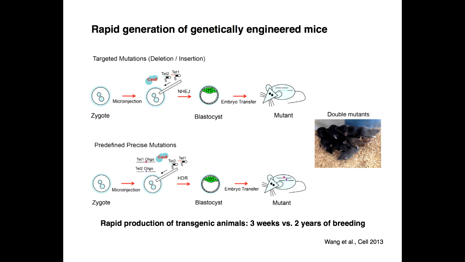Another thing that we did was we collaborated with the Jaenisch lab to see if we could inject these reagents into mouse zygotes to generate animal models. By taking zygotes, fertilized at the 1 cell stage, and microinjecting Cas9 mRNA as well as guide RNAs targeting loci of interest, we were able to generate modified blastocysts at multiple loci.